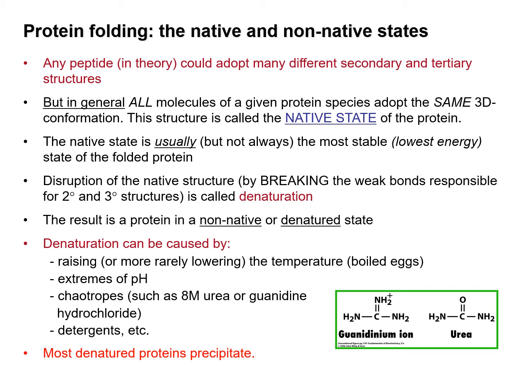And most denatured proteins tend to precipitate because they expose some regions that are not soluble, meaning non-polar regions. So they tend to interact with each other to form large aggregates of such proteins, resulting in precipitation.